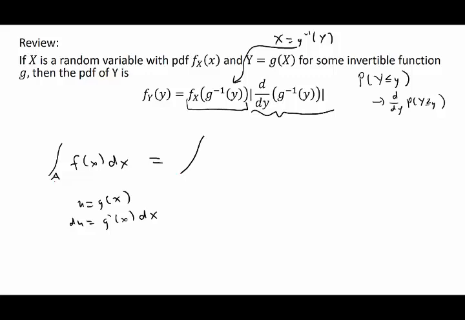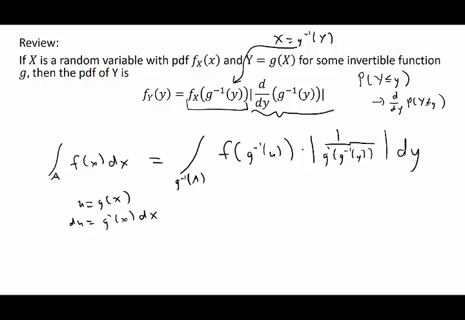Well, first of all, I have to figure out what this A region is now in terms of the variable u. So that's just going to be g inverse of A. Then I would be plugging in x in terms of u, so f of g inverse of u. And then I would be multiplying here by the absolute value of 1 over g prime of g inverse of u.